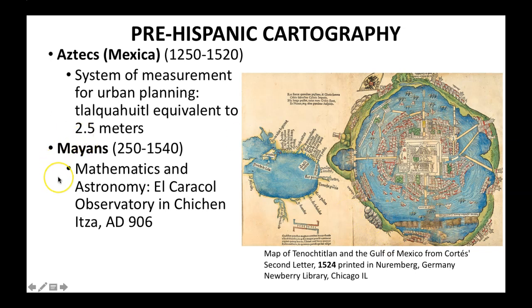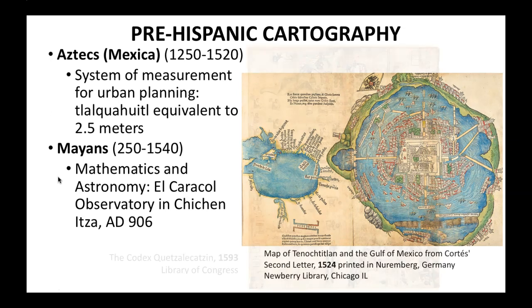The Mayans also had complex cartography. We don't really know much of it besides wall paintings, for example, but they also had developed complex mathematics and astronomy. They even had an observatory in Chichen Itza, for example, as early as 906 AD.